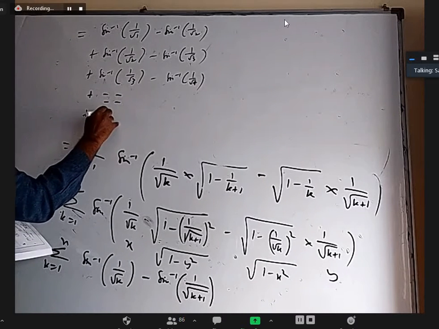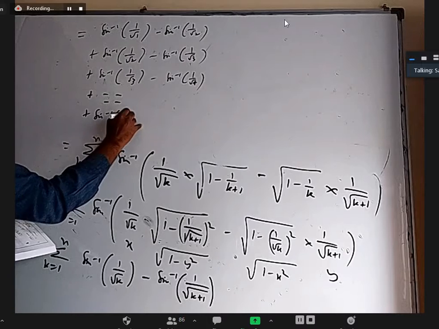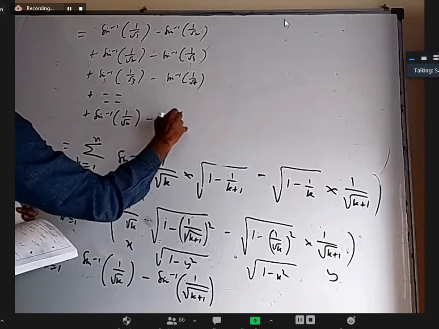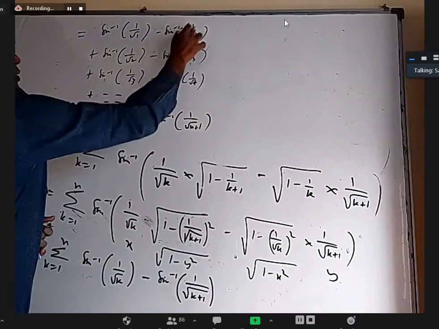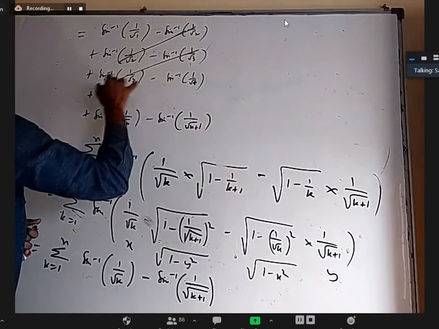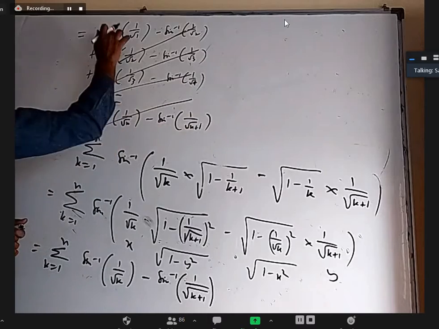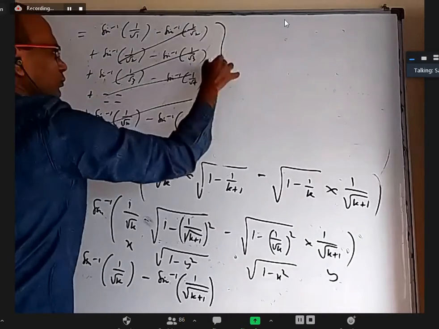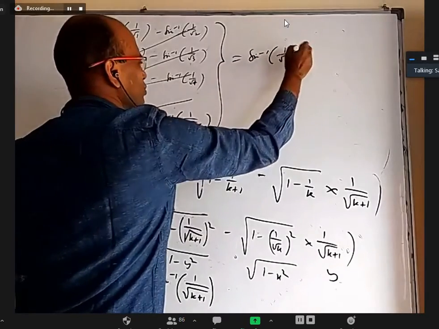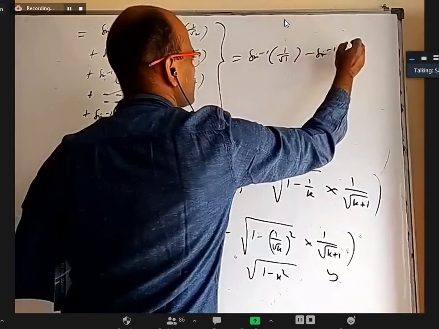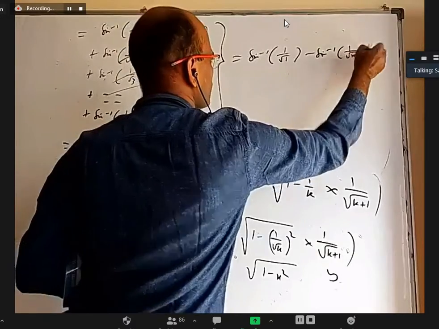The last one, when I put n, is sine inverse 1 by root n minus sine inverse 1 by root n plus 1. You can see these are getting cancelled because of minus plus. You'll be left with first positive and last negative. So you are getting sine inverse 1 by root 1 minus sine inverse 1 by root n plus 1.